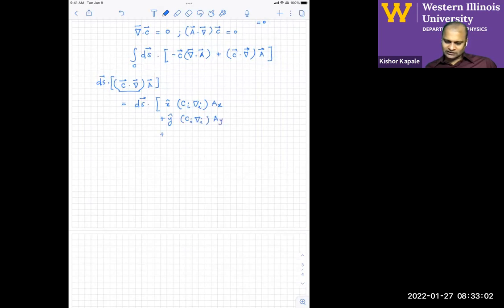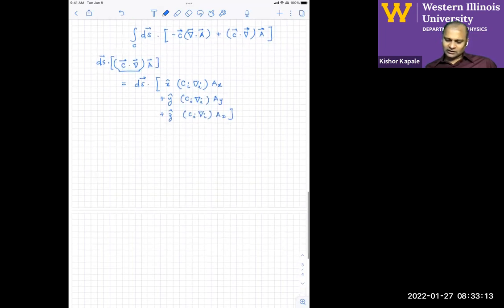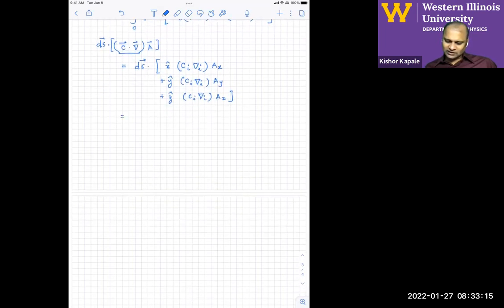So that just helps us focus on the important term, not so much on the other term. Okay, now you're taking the dot products, and so what we are going to get is basically ds k, okay, times C i del i A k.